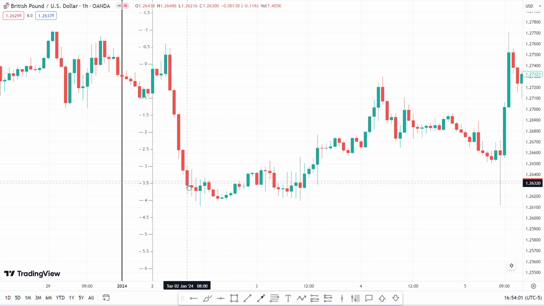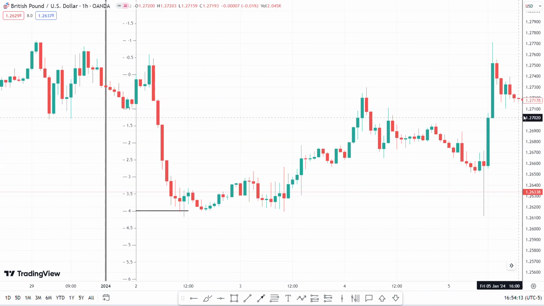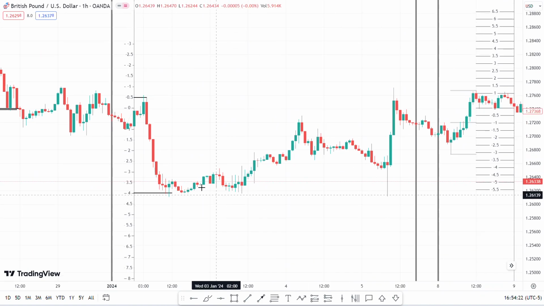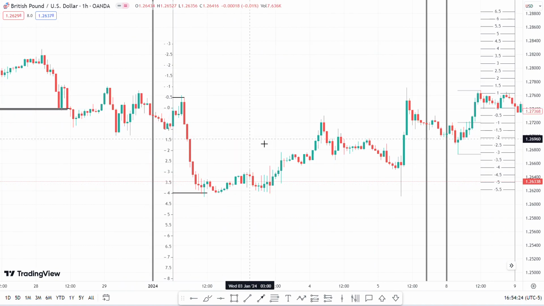Continues lower, 3.5 and then 4. And 4 gets hit during London close, which means it's the other extreme of the day. And a close, it trades out here. So Tuesday, you basically look at the high end of the whole weekly range.